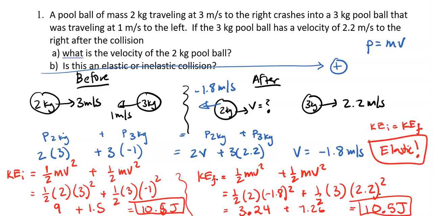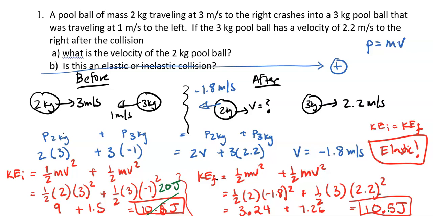Cool. Okay, I said we were going to do two problems, but let's just do one problem and talk about it. So let's say we have the exact same situation, but let's say that the initial kinetic energy, I changed some numbers around, turned out to be 20 joules. So just hypothetically, initially it was 20 joules, and at the end it was still 10.5 joules.